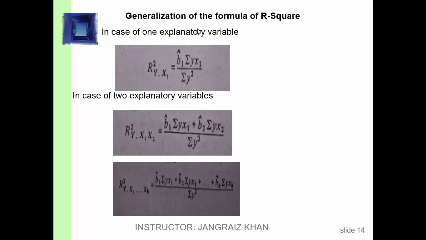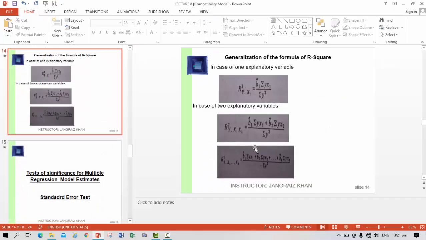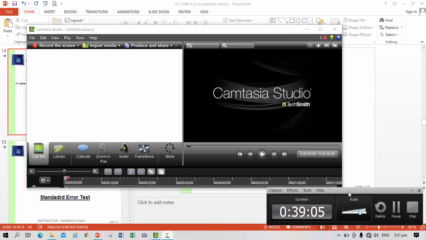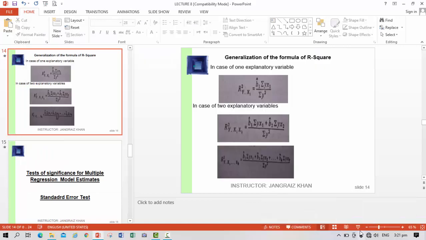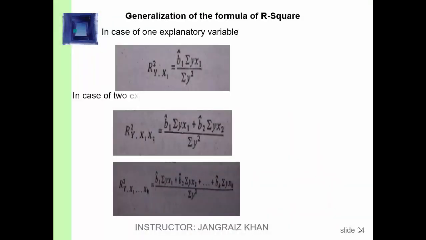After introducing the generalized form of multiple regression, we can also generalize the formula of R square. It is not difficult, because we already know that in the case of one variable, we have R square as b1 hat summation x1y by summation y square, or, if you remember, another formula, summation xy divided by the square root of summation x1 square summation y square, which you used in the chapter on the theory of correlation.